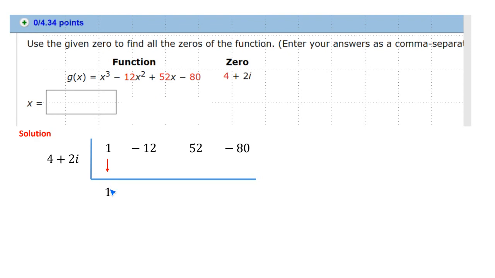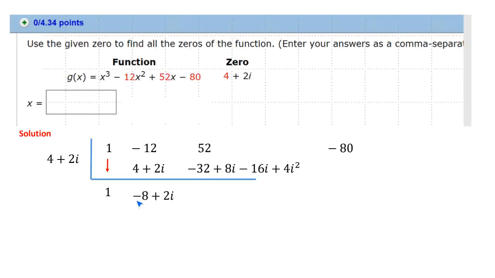So I'm going to bring down the 1. And then 4 plus 2i times 1 is going to be 4 plus 2i. -12 plus 4 is -8, and then 2i is 2i. Then I need to multiply -8 plus 2i times 4 plus 2i.